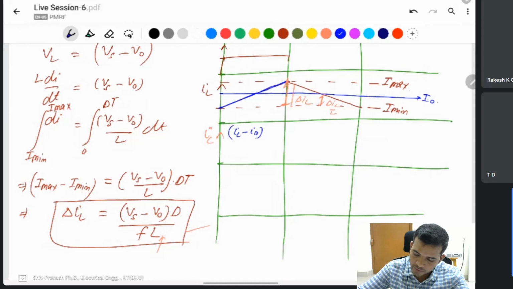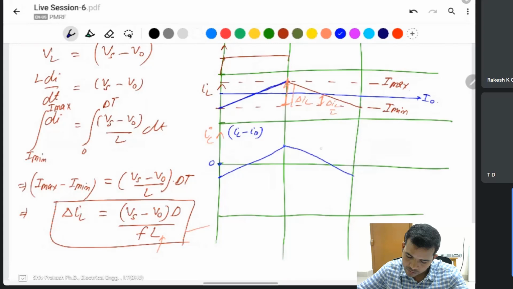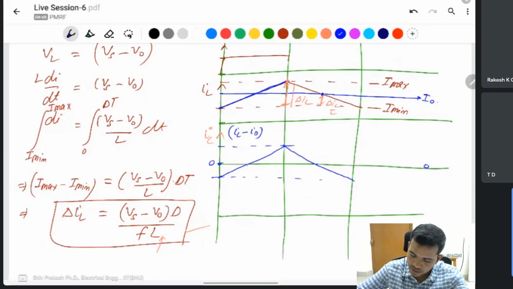Then this waveform comes into the picture, going from negative to positive and positive to negative. Where this is 0, the waveform crosses here. This is the IC current, and it is the same as delta IL.